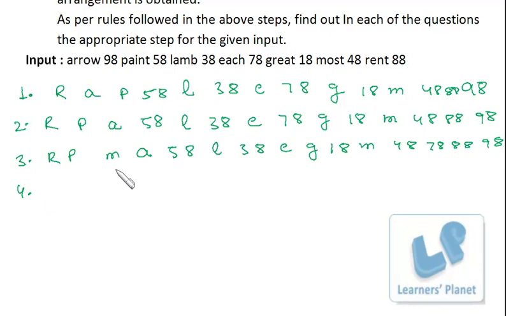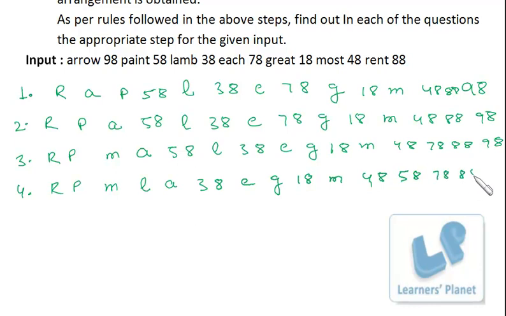The next is before M, L is there. So R, P, M, L, then we have A, and over here we'll get the number 58, so drop 58, then A, L is already taken, then 38, E, G, 18, M, 48, 58, 78, 88, 98.